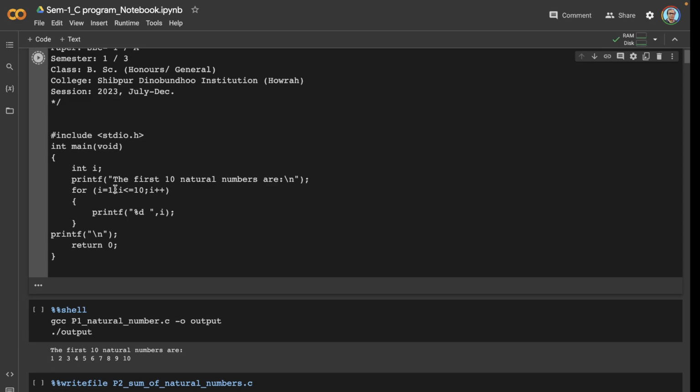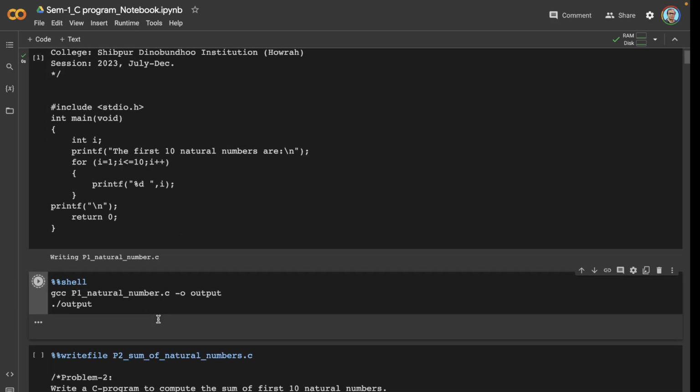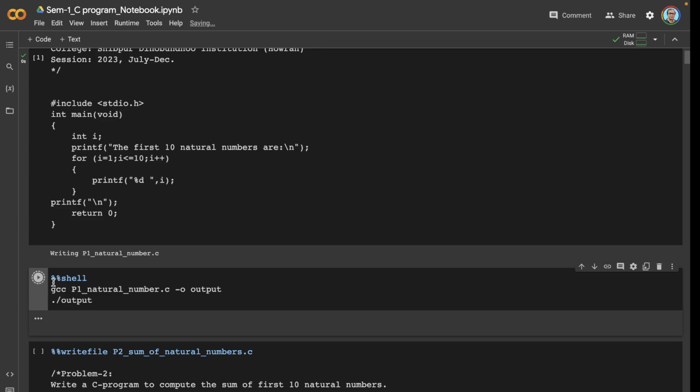Integer i, printf the first natural numbers. Okay, it is correct, and we compile and run this by this command in Colab.